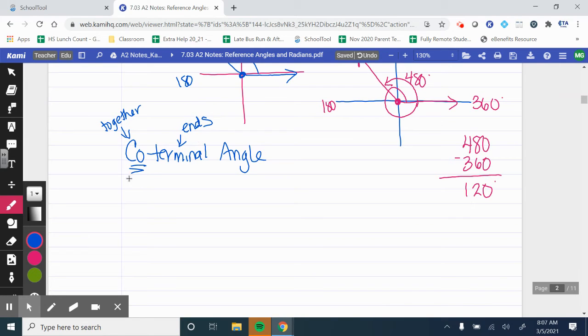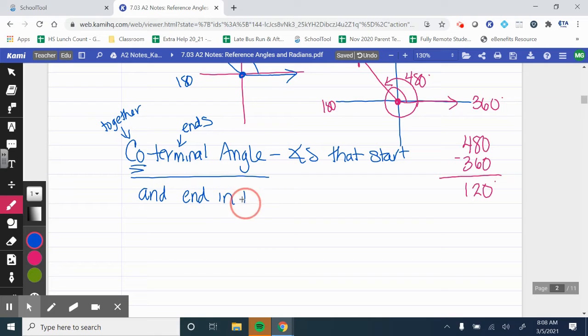So coterminal angles are angles that start and end in the same spot. Really, all you're doing here is adding and subtracting multiples of 360. So you're adding on circles or subtracting full circles.